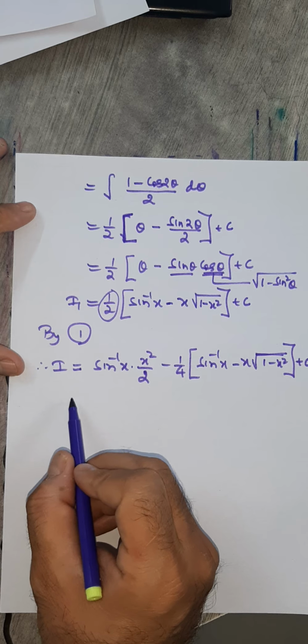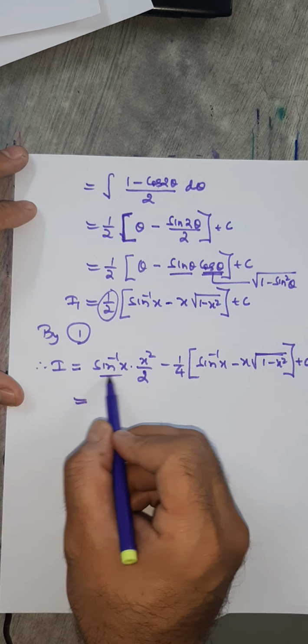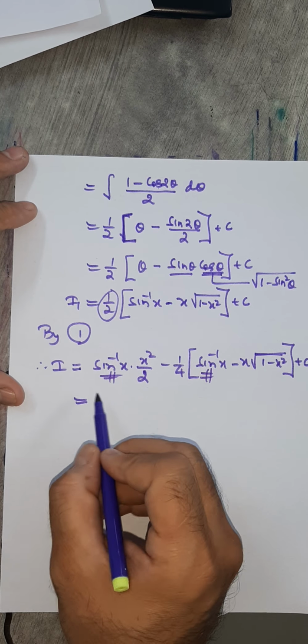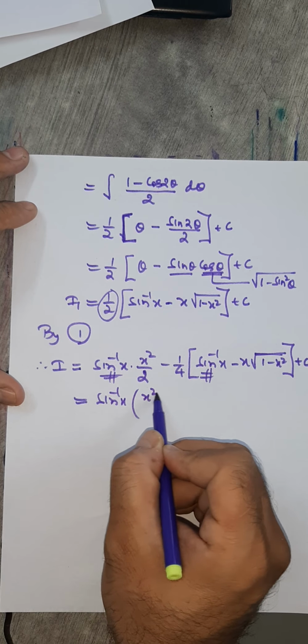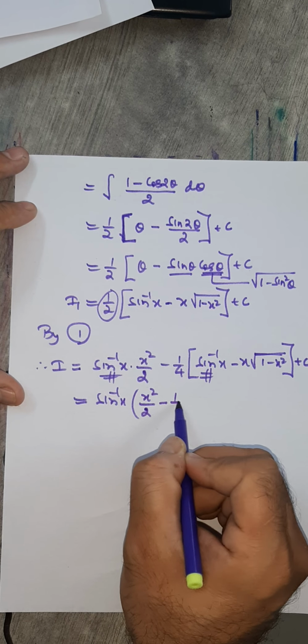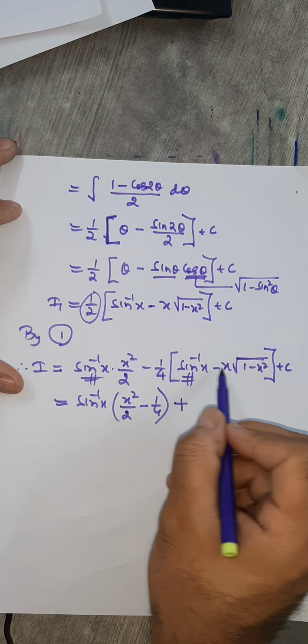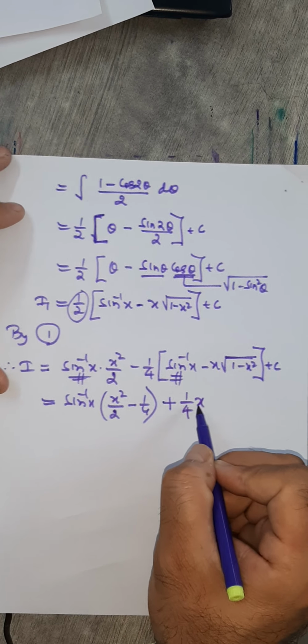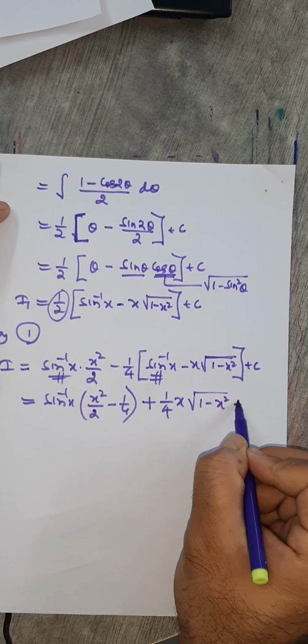Okay, so now almost you are through here, but if you want you can take sine inverse x common from this too. So if I take sine inverse x common, you'll get x squared by 2 minus 1 by 4, plus here 1 by 4 x into root of 1 minus x squared plus c.